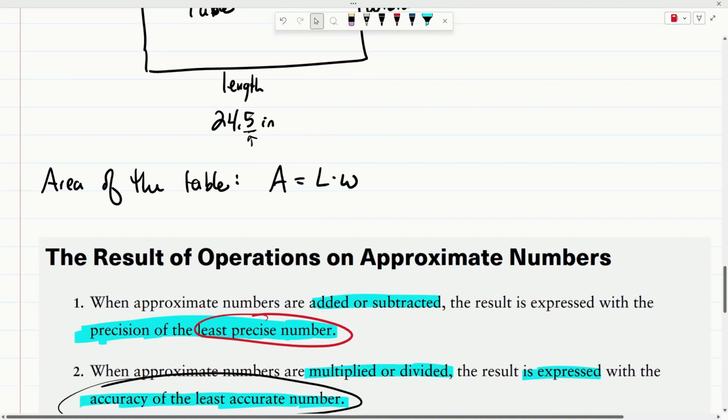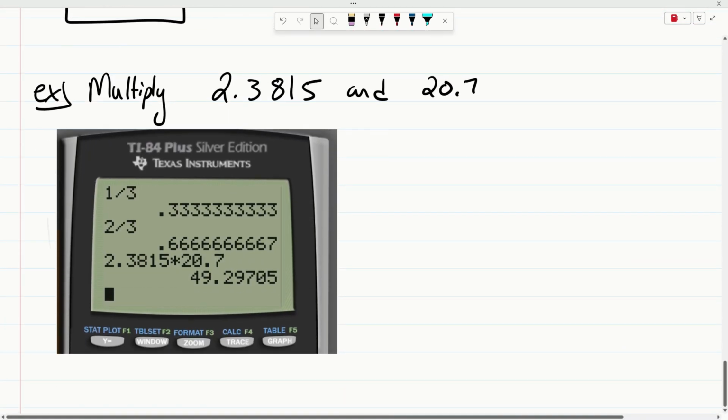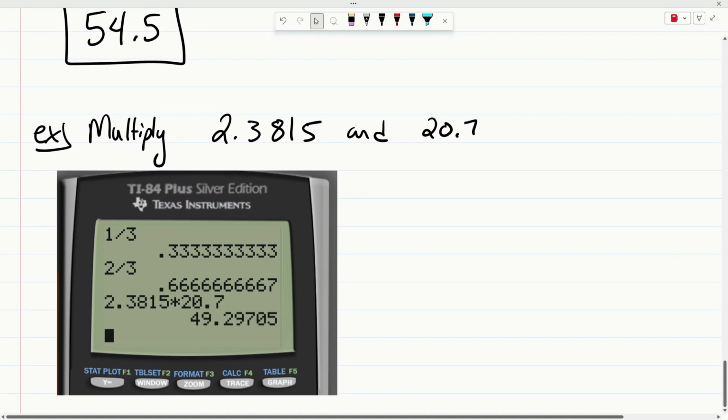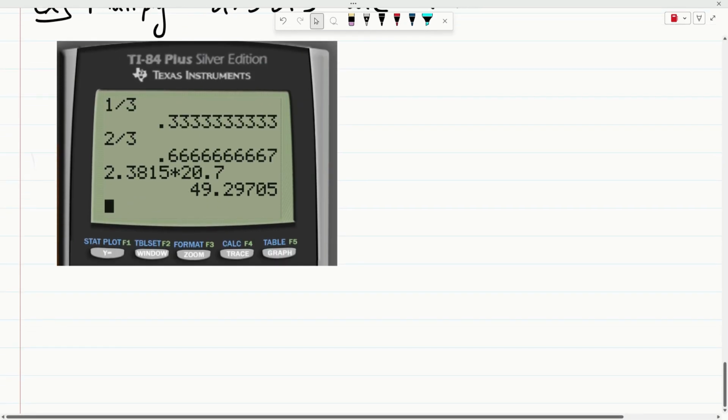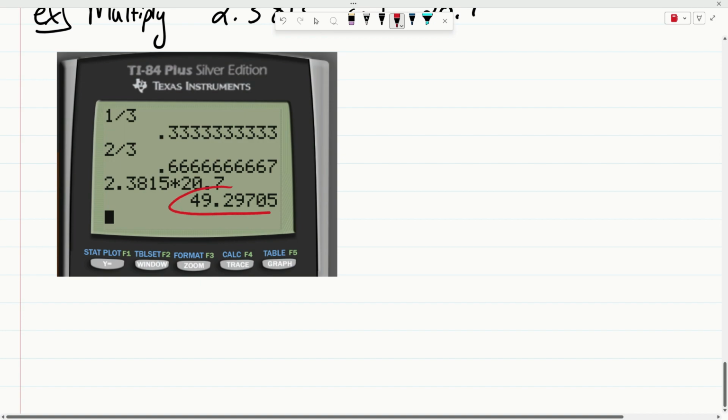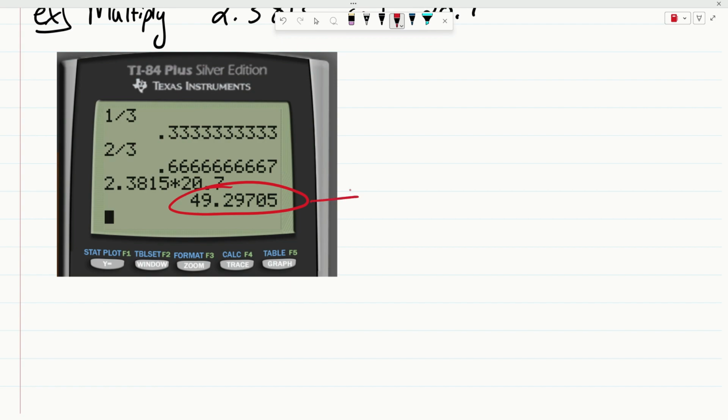So 2.3815 has 1, 2, 3, 4, 5 sig figs. 20.7 has 3. So even though we came up with 49.29705, we are only allowed 3 significant digits. So our answer is 49.3.